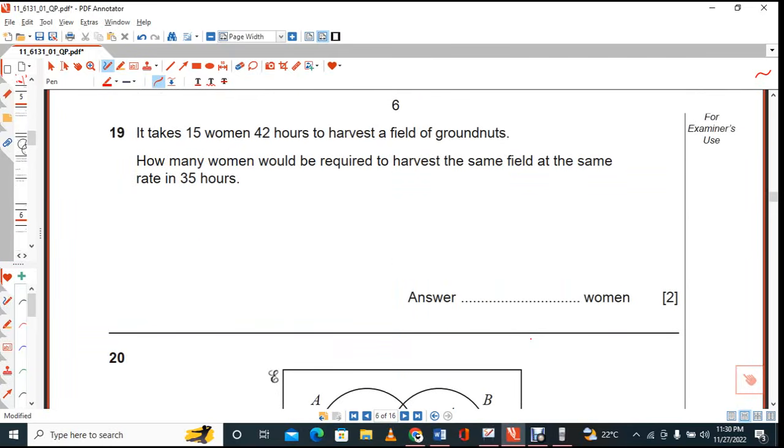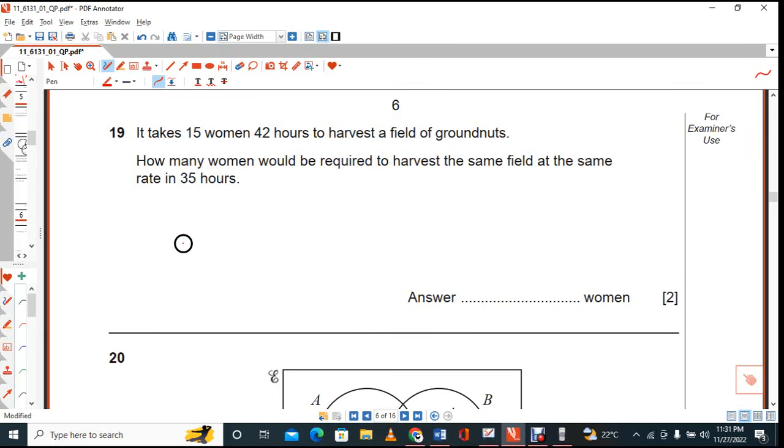Question 19. This is a question that deals with inverse proportion, because it says it takes 15 women 42 hours to harvest a field of groundnuts. How many women will be required to harvest the same field at the same rate? If the time decreases, you expect more women to be used.